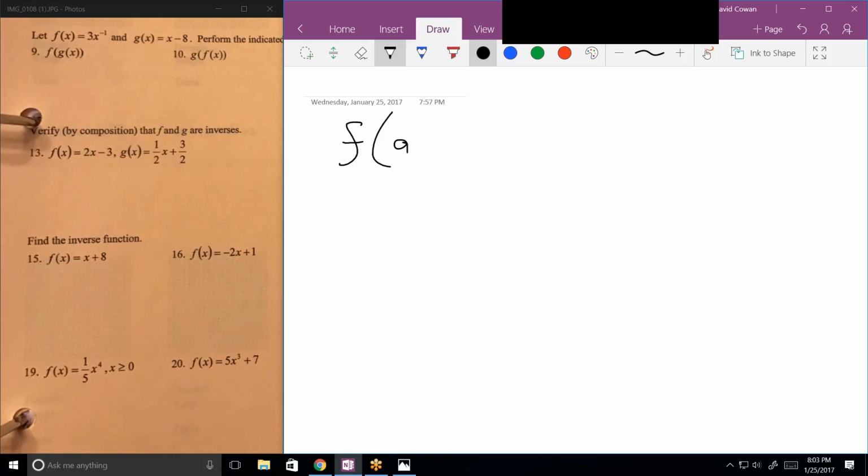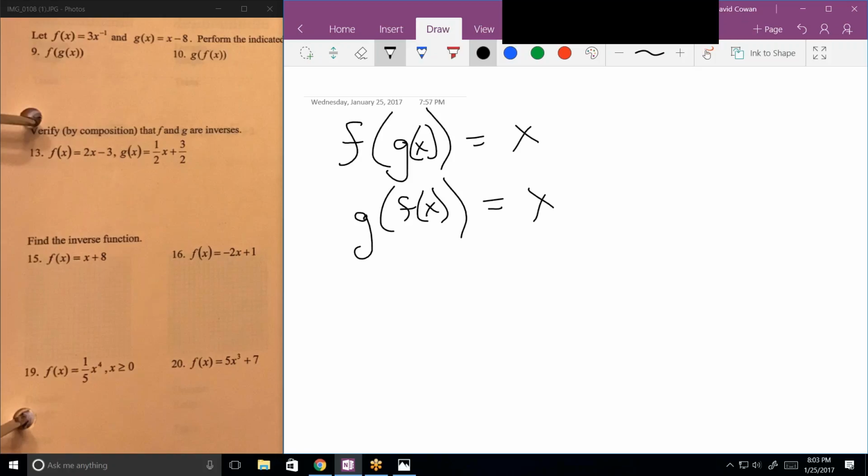F of g of x has to be equal to x. And g of f of x also has to be equal to x. And I'm not sure that you need to prove both every time. I've never seen a function where one was equal to x and the other one was not.